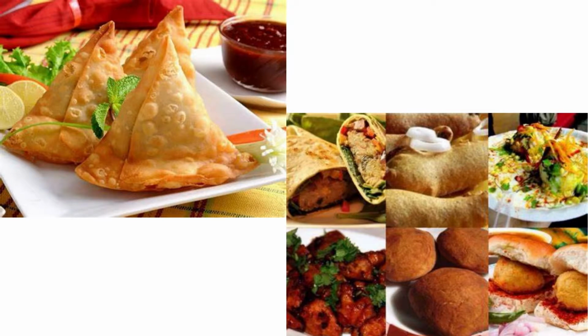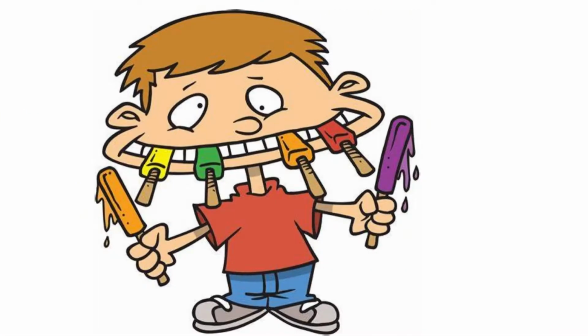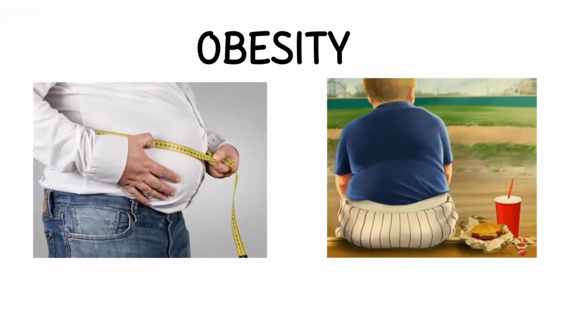Fried foods like samosa and puri, malai, rabdi and peda. Do you think he was right? No, of course not. It can be very harmful for us to eat too much of fat-rich foods and we may end up suffering from a condition called obesity.